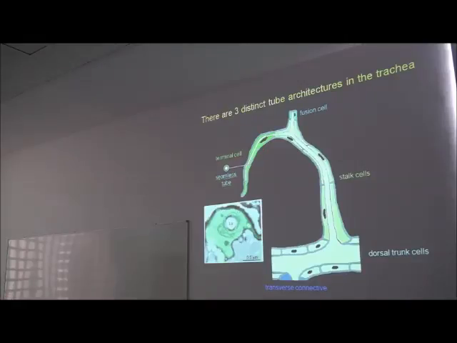And one called the terminal cell that I showed you a picture of at the very beginning that makes dozens of branches, each of them containing a seamless tube. And here is just an EM section of one of these terminal cells. You can see the tube in the middle of the cell with no connection to the basolateral surface. So this is a true intracellular tube that's in cross-section seamless.